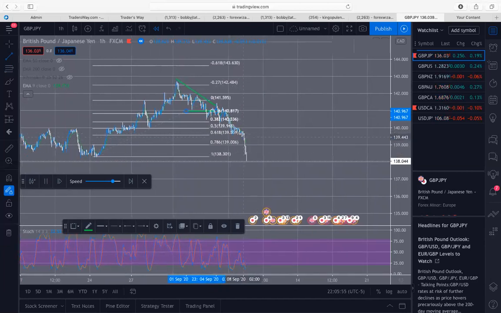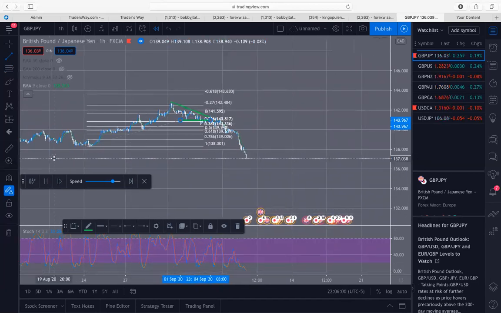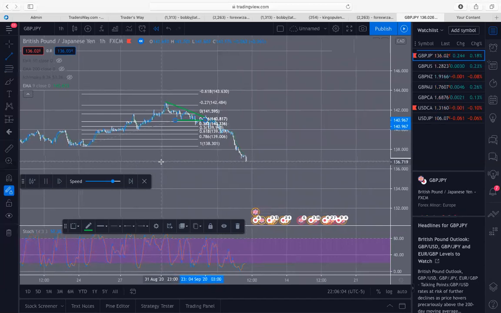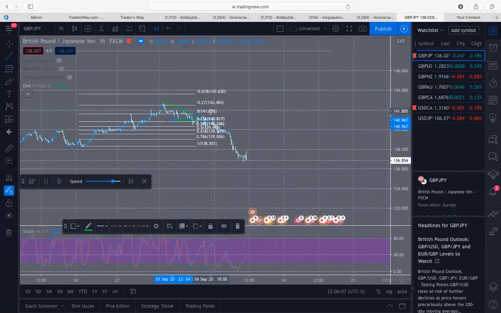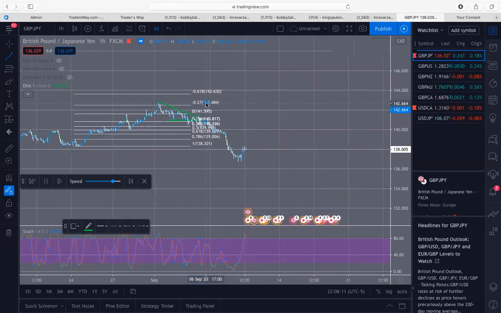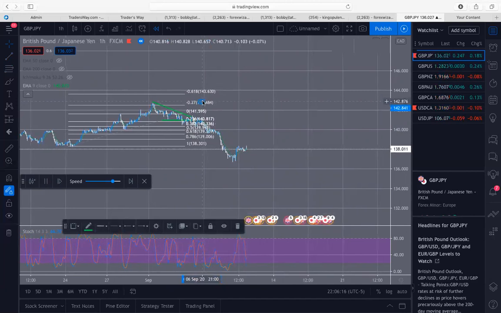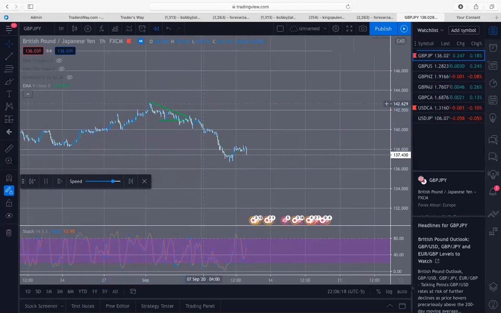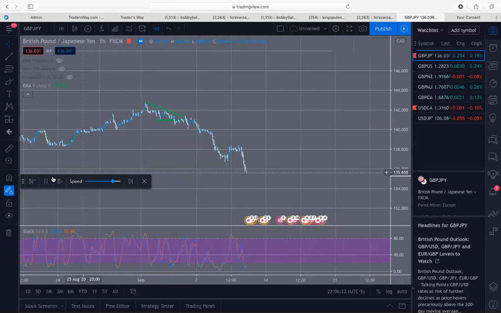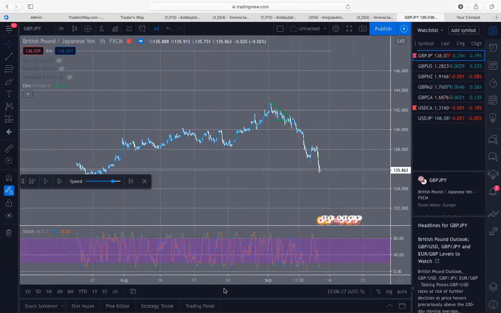All right, and you see where it's going. We'll stop it right there. But you guys can see pretty much how the market moves.